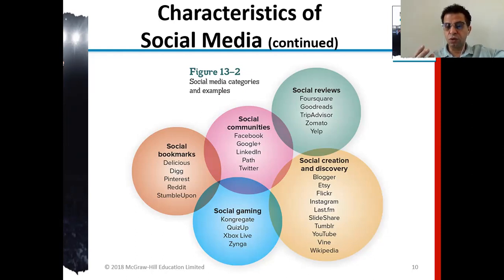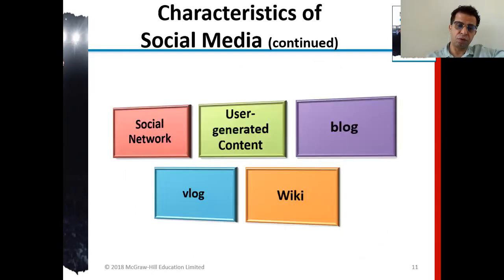You have social gaming, like Xbox Live. And then you have social creation and discovery, where Instagram or YouTube are examples. So it is made of social networking, user generated content, blogs, vlogs, and wikis.